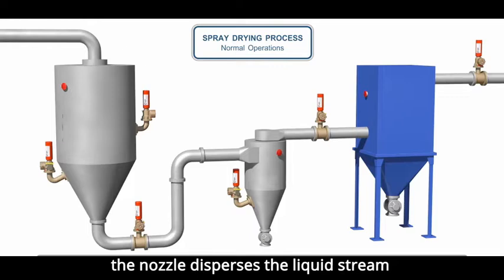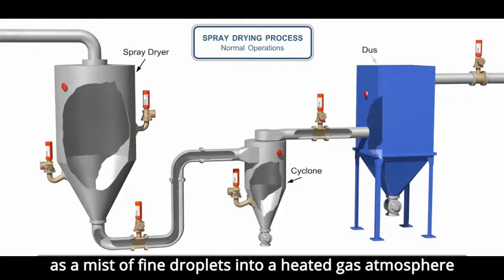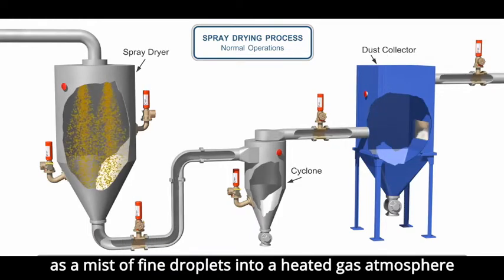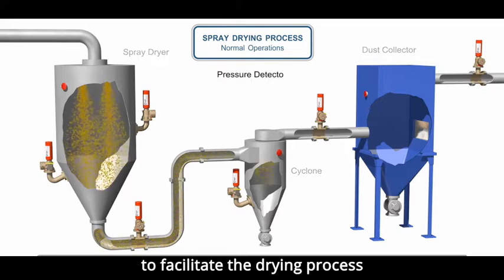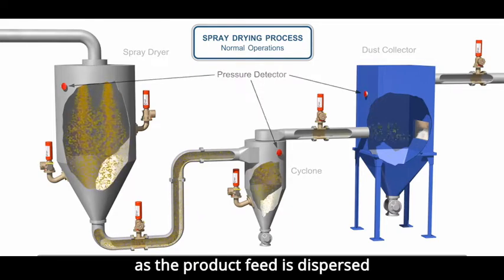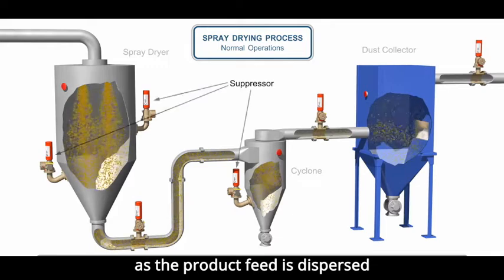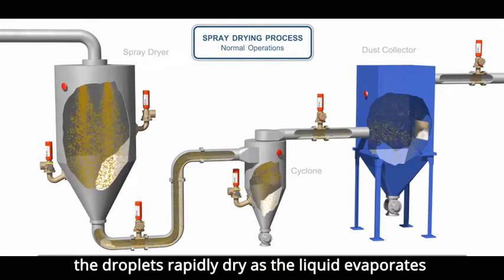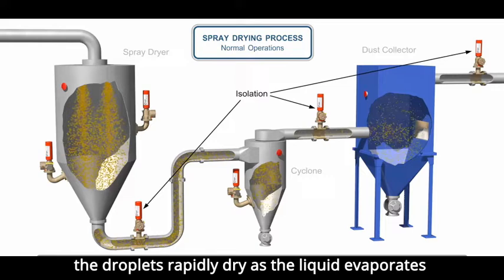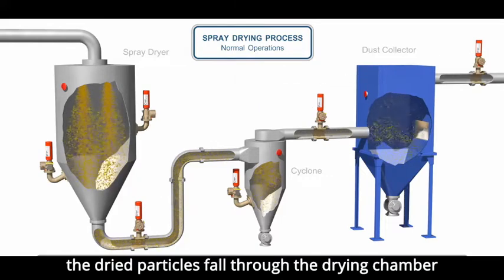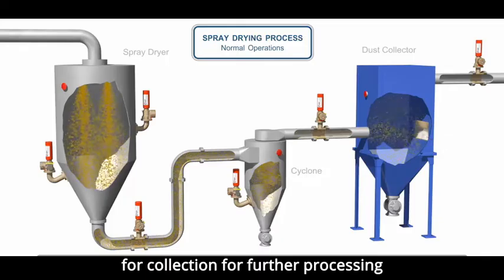The nozzle disperses the liquid stream as a mist of fine droplets into a heated gas atmosphere to facilitate the drying process. As the product feed is dispersed into the drying chamber, the droplets rapidly dry as the liquid evaporates. The dried particles fall through the drying chamber for collection for further processing.